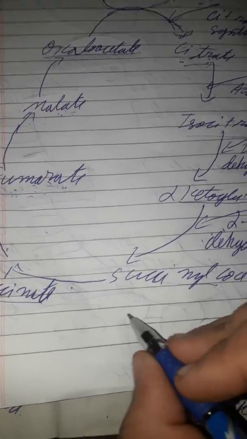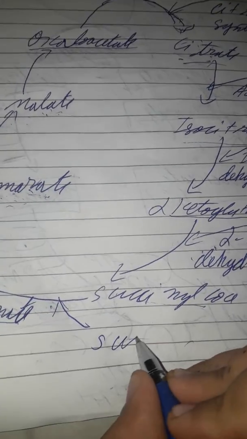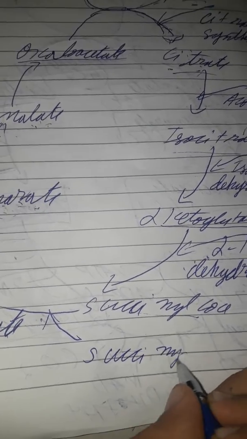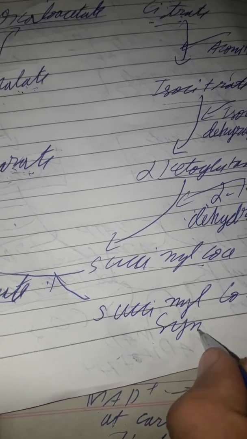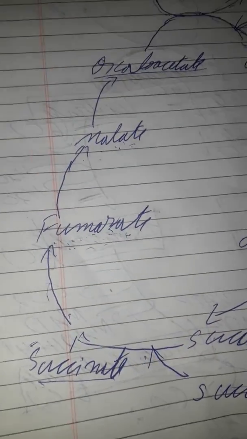So it is clear that here succinyl coenzyme A synthase will come. Succinyl coenzyme A synthase will come here. Next step, what is the next step? Next synthase I have written here. Succinyl coenzyme A synthase. Okay.